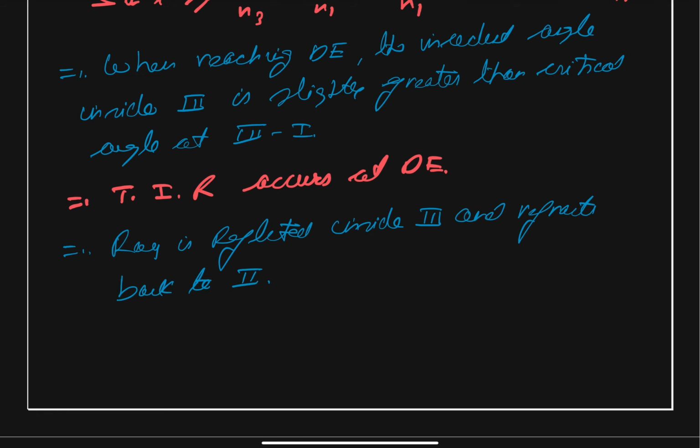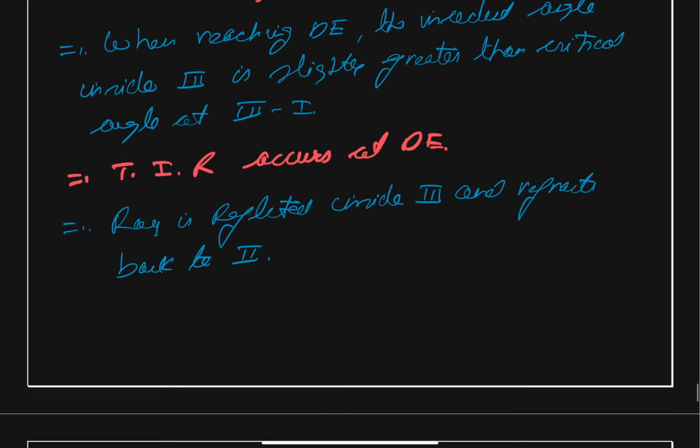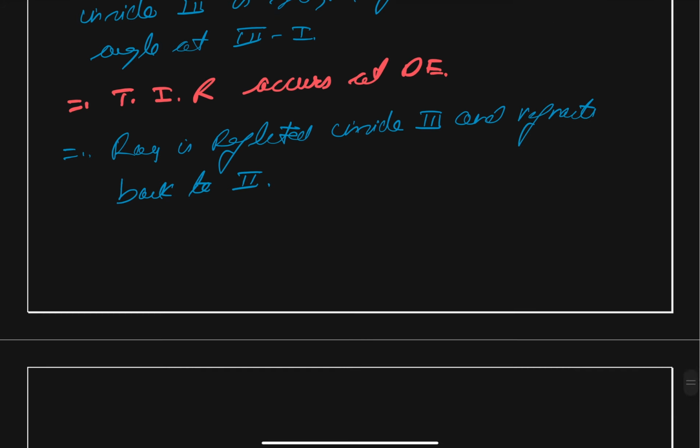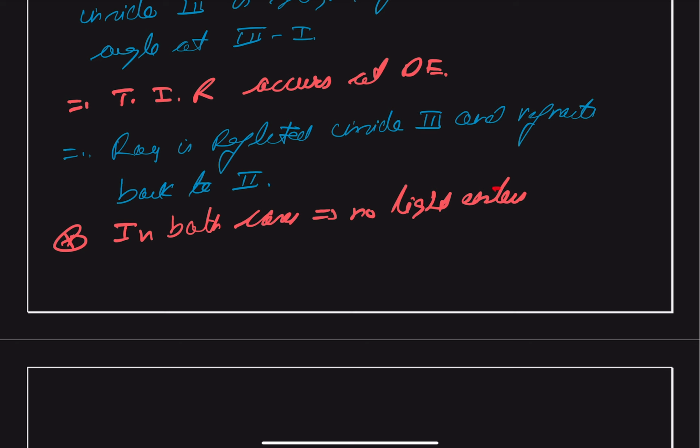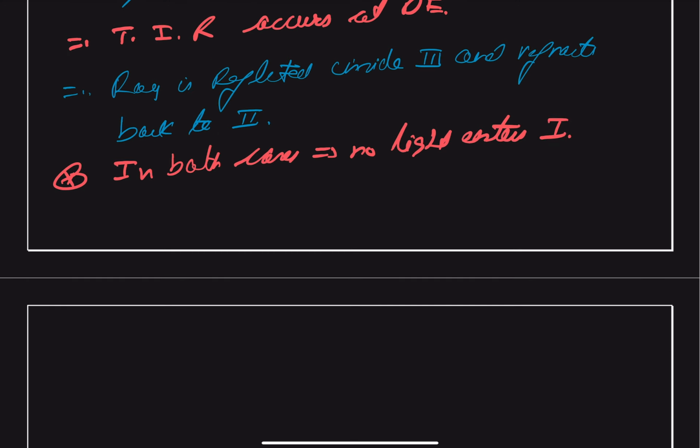So in both the cases, sub-cases rather, case 1 and case 2, no light enters medium 1. You can say that in both cases no light enters medium 1 and all the light is reflected back to medium 2.